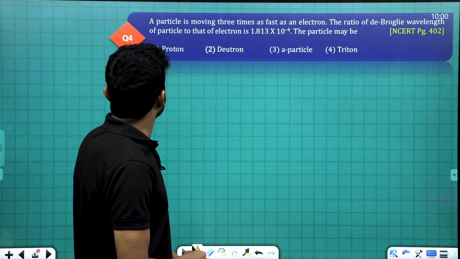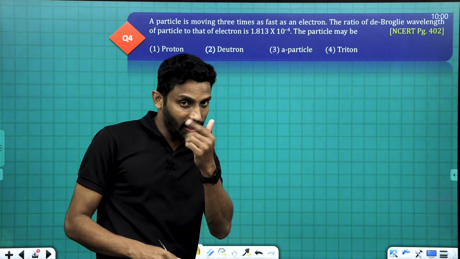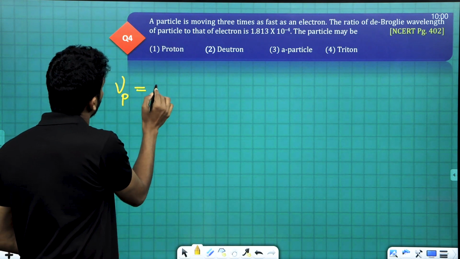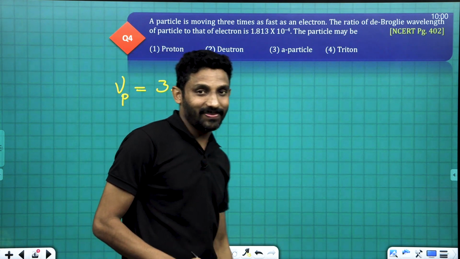A particle is moving 3 times as fast as an electron. The velocity of the particle Vp is equal to 3 times the velocity of the electron Ve.